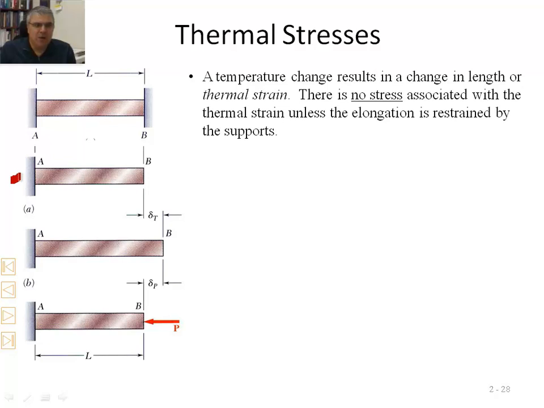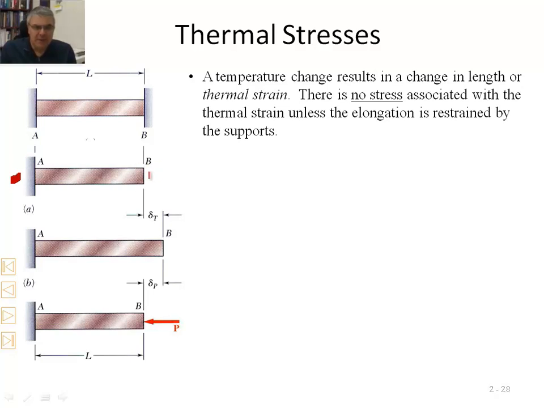If bar AB is free to move, expand, or contract, as you can see, there will be no stresses associated with the expansion. So this side is really free to move. There's no restraint here, so it can freely move.